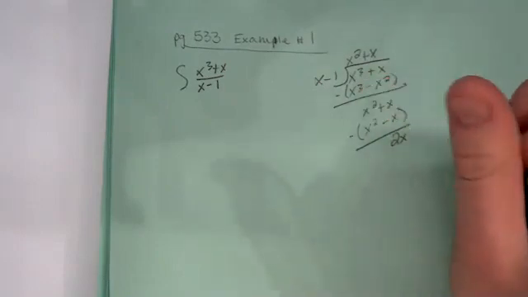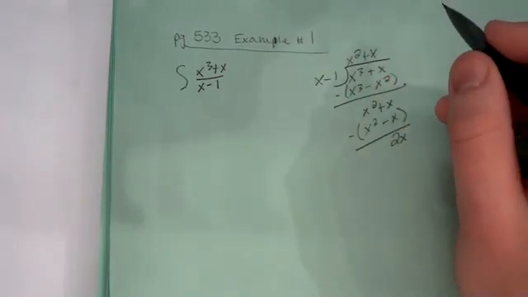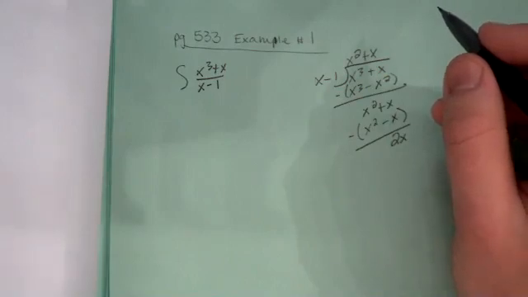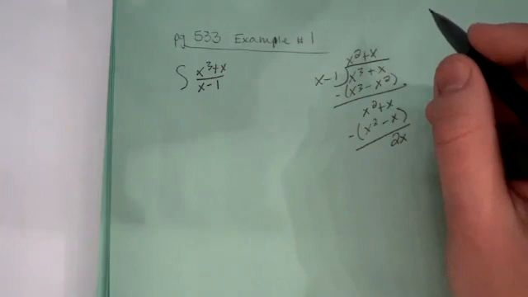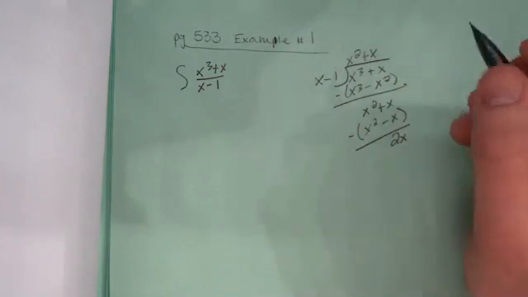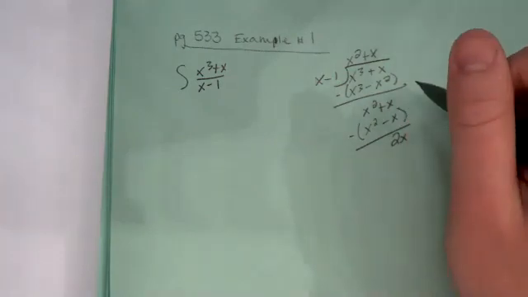Okay, so then we got 2x. So then next we need to look at what will go into this 2x, what we can multiply by our x minus 1 to get that 2x. So in this case, it's going to be a 2.